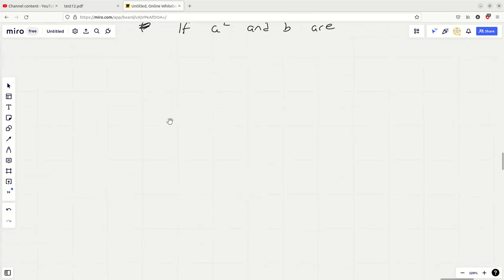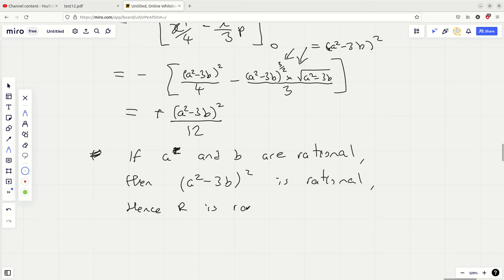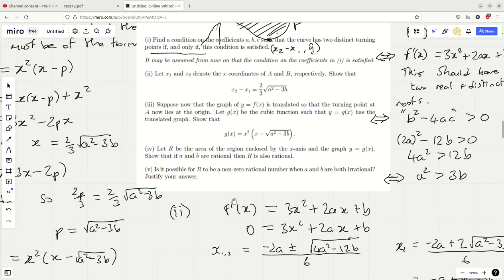I'm just going to say at the end, so if a and b are rational, then a squared minus 3b squared is certainly rational. Hence R is rational. It's obvious now. Cool.